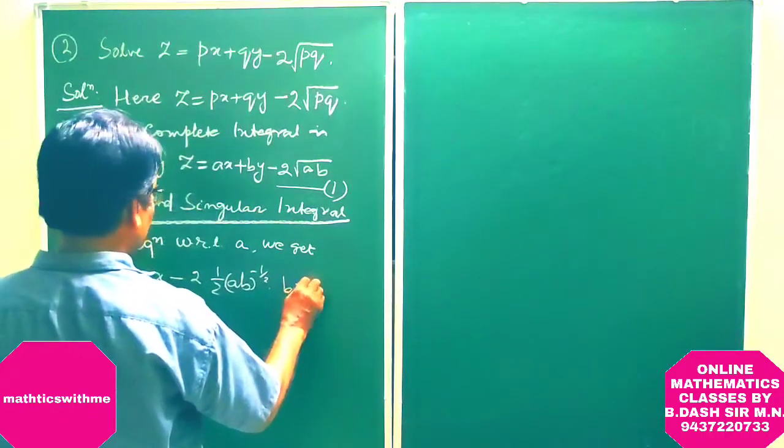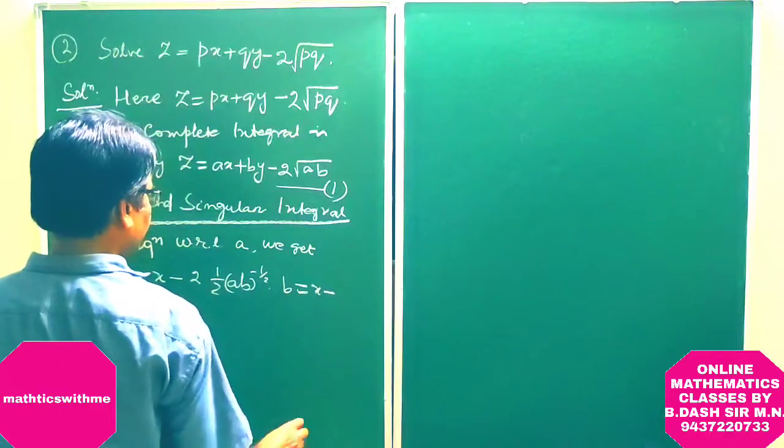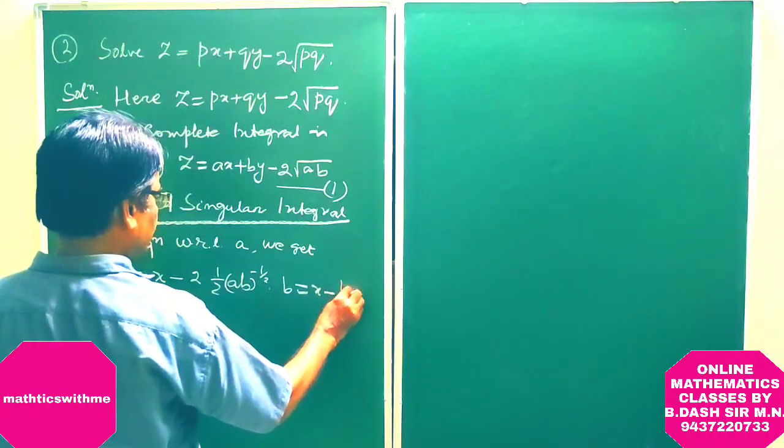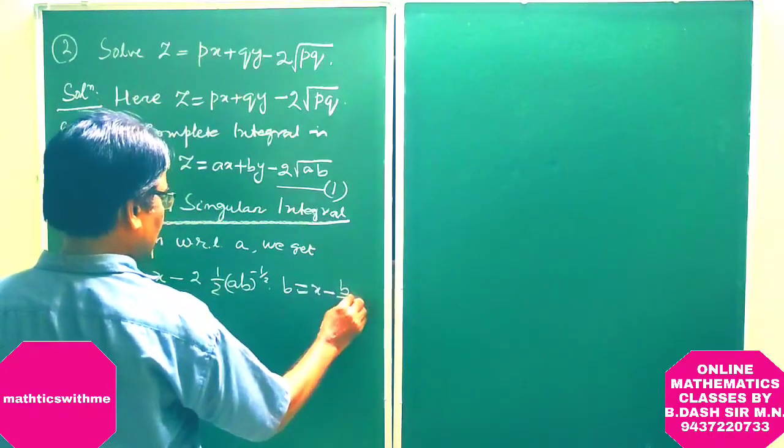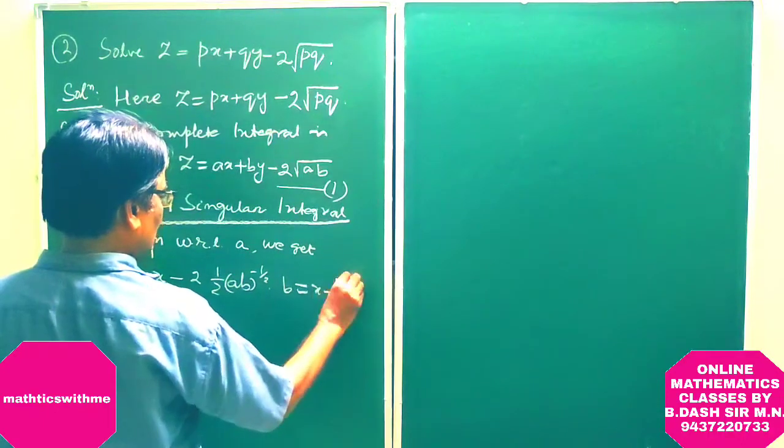So this is equal to x minus root over of b by a.